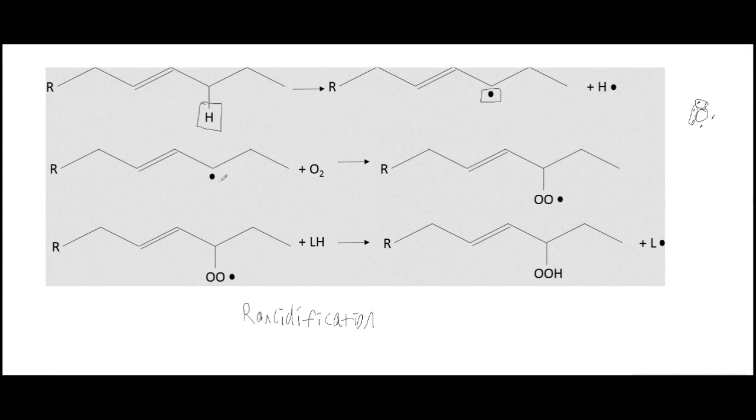So this, and when you're doing free radical reactions, instead of doing a double-headed arrow, since we're only talking about one electron, we use a single-headed arrow, and then this oxygen, this double oxygen here, will become attached to your fatty acid chain, and then that will become bound to some hydrogen, and this L just means leaving group.